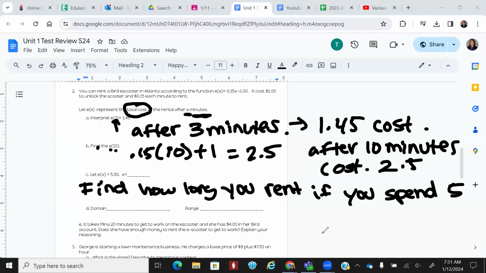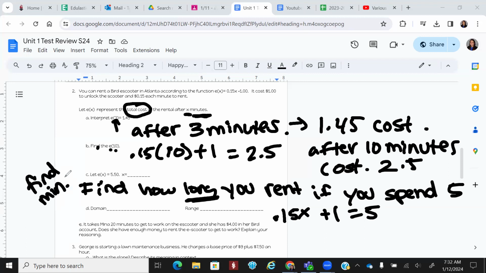You do 0.15x plus $1 is equal to 5, and you solve it. Why are we setting this equal to 5 instead of plugging 5 in? That's the cost. So be careful about how they word it. This asks for how long, so this is asking to find minutes, and you told me that x is minutes. So I would take this and set it equal to 5.